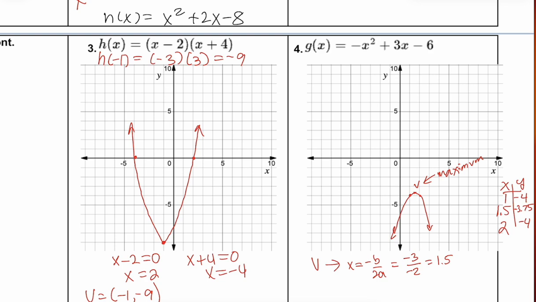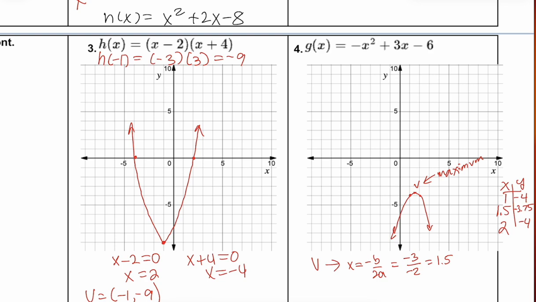We could do the formula -b over 2a. We would get an -b over 2a value of -1. We could plug in positive or 0 and -2, but we wouldn't have those nice points where we hit the x-axis quite as clearly as we do when it's in factored form.